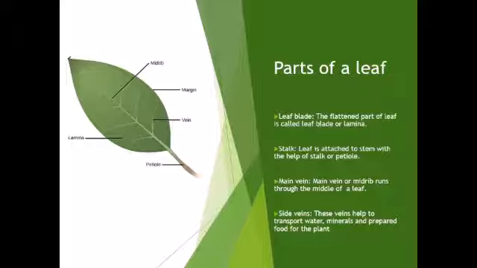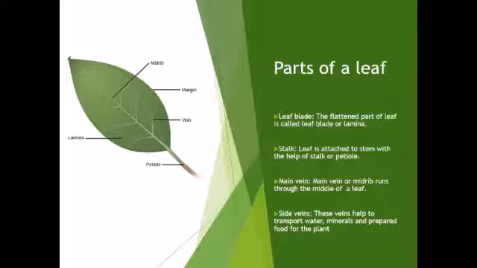Then next is main vein. You can see a line running through the middle of the leaf and this line is known as main vein, and it is also called midrib. And you can also see some fine lines surrounding this main vein.